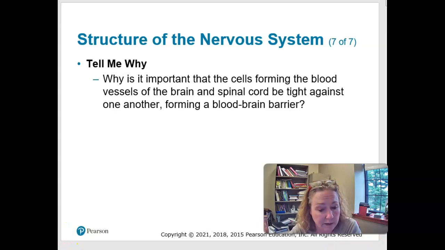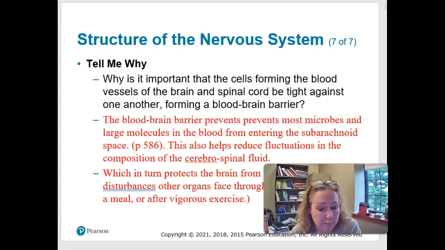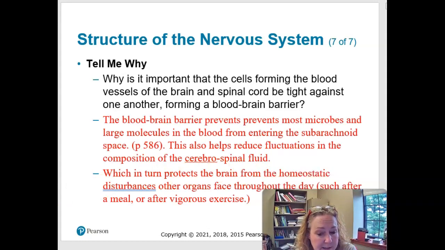You can just press pause, and then I'll tell you. The blood-brain barrier prevents microbes, especially large molecules in the blood, from entering the brain space. Essentially, it helps reduce fluctuations in the composition of the cerebrospinal fluid, which in turn protects the brain from homeostatic disturbances throughout the day, such as vigorous exercise.